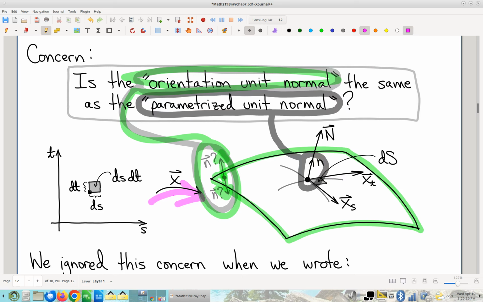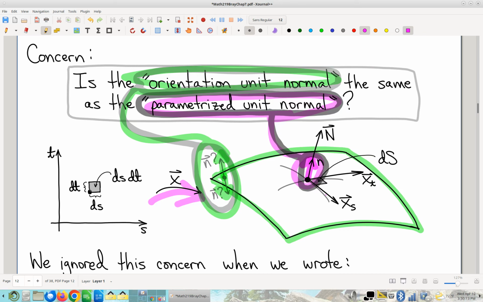But in fact you are, as follows. When you write down your parameterization, that determines your partial derivative vectors, whose cross product determines your capital N vector, the direction of which gives you what we call your parametrized unit normal. So the parametrized unit normal comes out of your parameterization, thus the name.